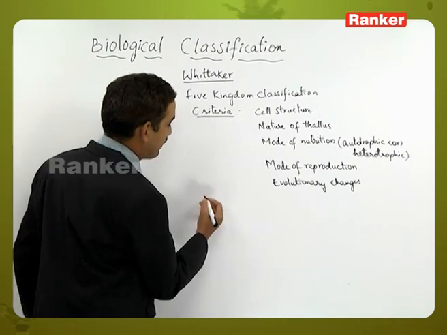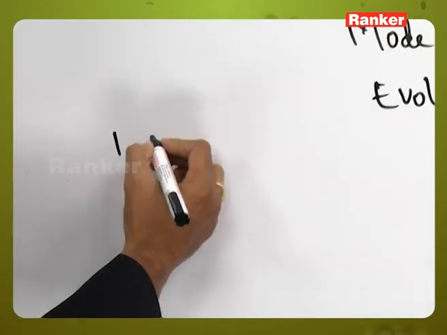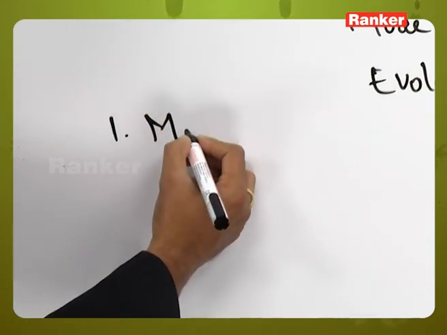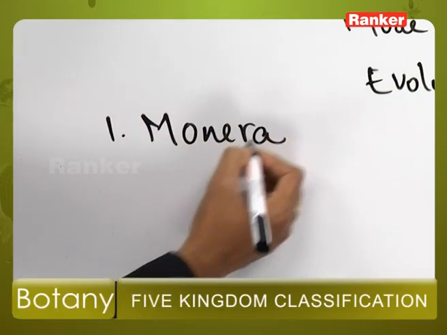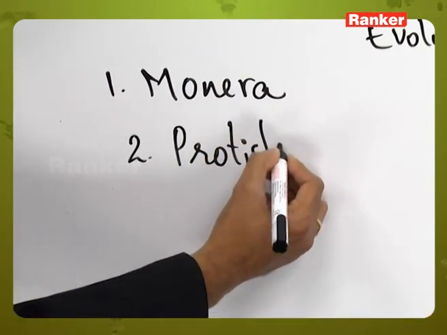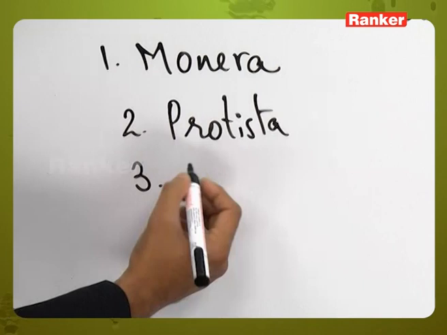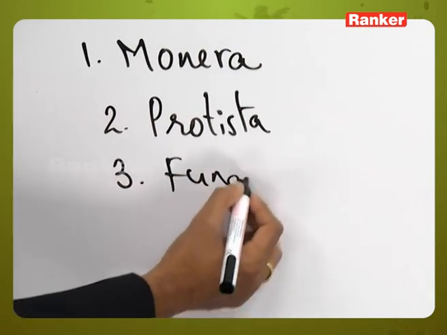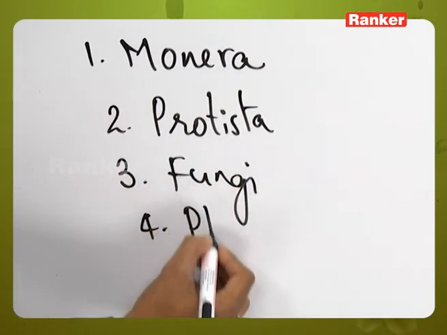And what are the 5 kingdoms according to the scientist? The first kingdom is Monera. The second kingdom is Protista. The third one is Fungi. The fourth one is Plantae.